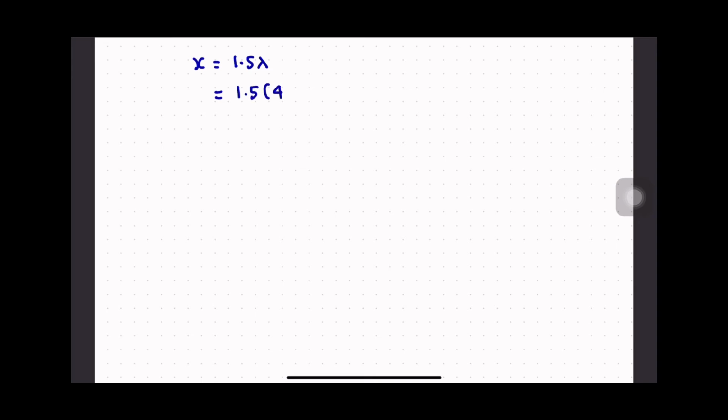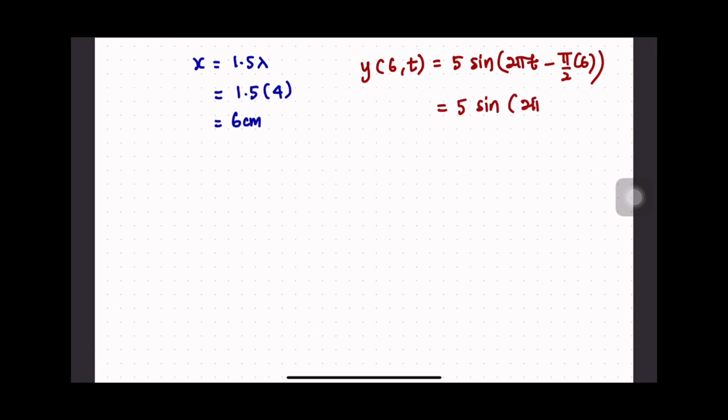Lambda we had earlier was 4 cm. So we get 6 cm. Then substitute in the equation. y at 6 cm is t, 5 sin 2 pi t minus pi over 2 times 6. Okay, so we get 5 sin 2 pi t minus 6 over 2, which is 3 pi.